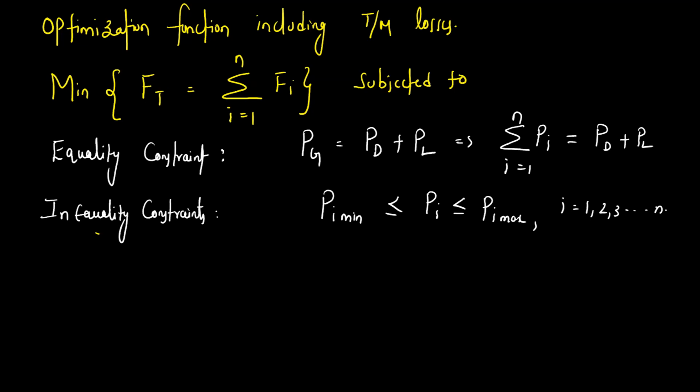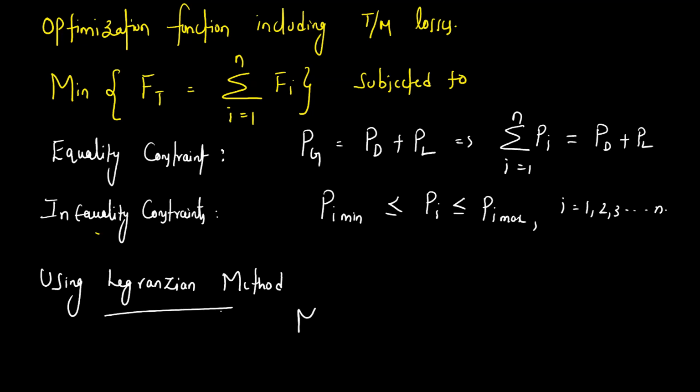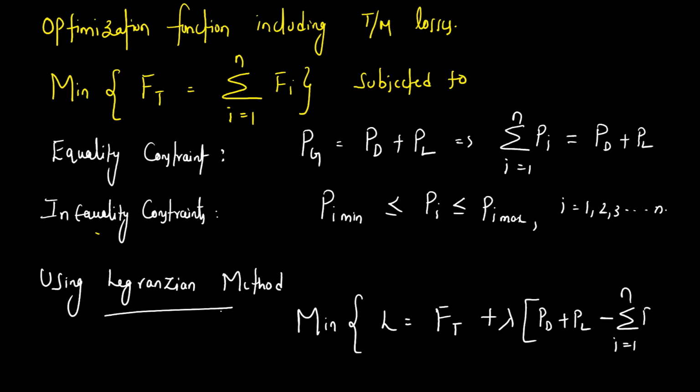So if we include this, your Lagrangian function will become, using the Lagrangian method, your optimization function will become: minimize the Lagrangian function L is equal to total fuel cost plus lambda into PD plus PL minus sigma i equals 1 to n Pi.